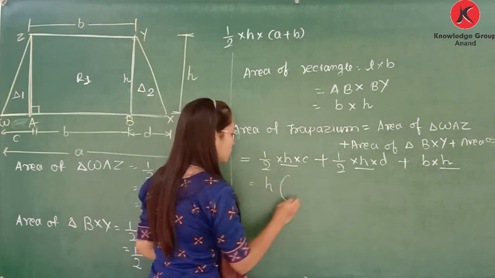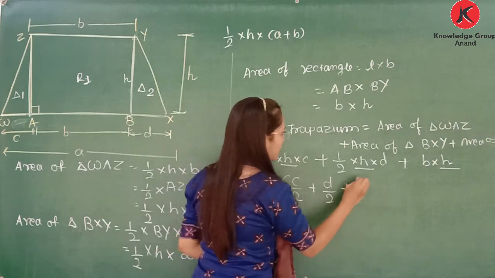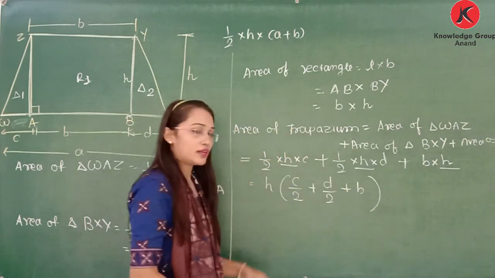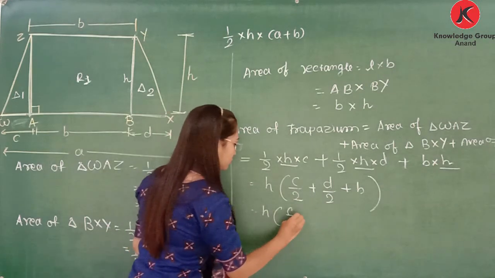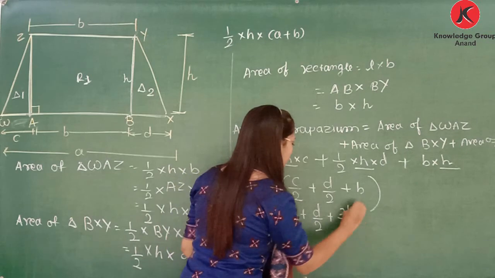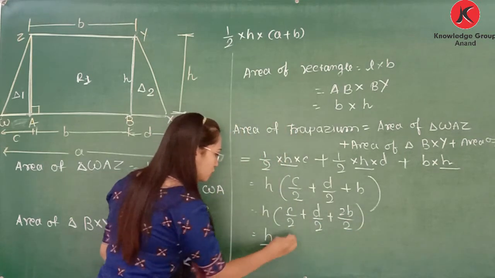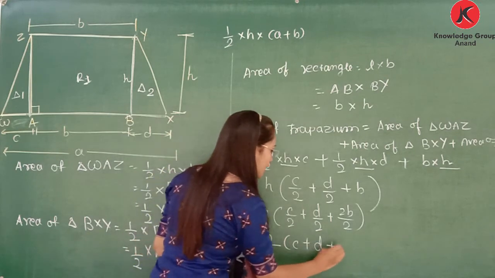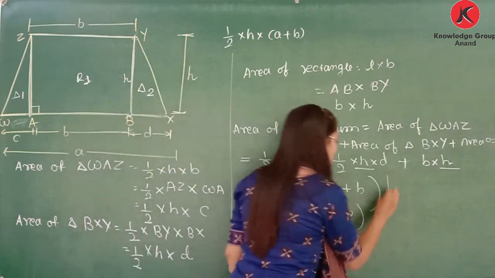We have H times C by 2 plus D by 2 plus B. Now take the LCM. B is multiplied and divided by 2. So now 2 can be taken out common, so it is H by 2 into C plus D plus 2B.